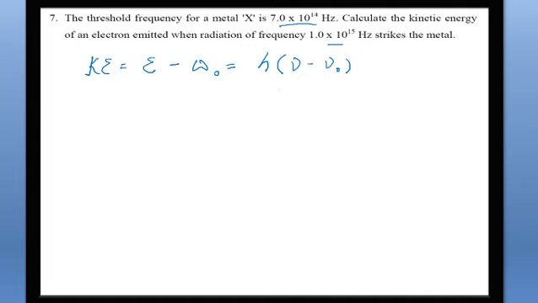Radiation of this frequency strikes the metal. In place of 1 into 10 to the power 15, we can also write 10 into 10 to the power 14. So we are going to have h into the difference, which we report as 3 into 10 to the power 14.